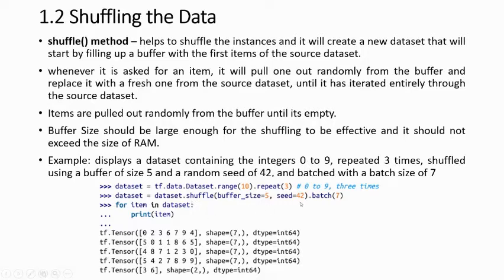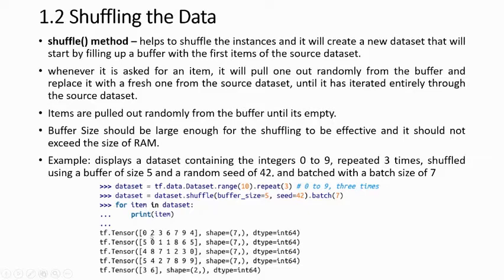After applying the shuffle method, it proceeds with the batch method. Again, you are batching the data. In one batch, it will have 7 items. Then you're printing the items, one batch at a time.